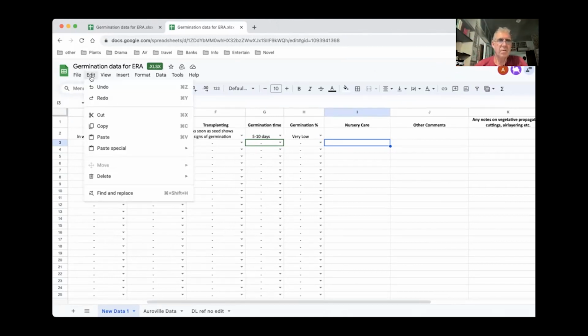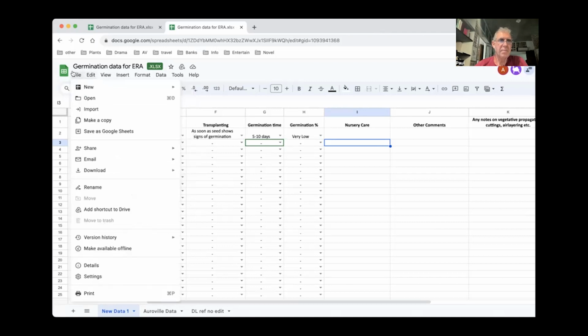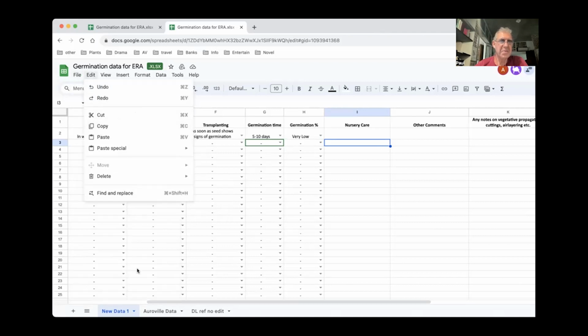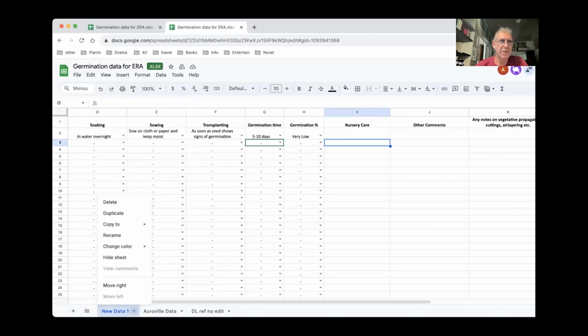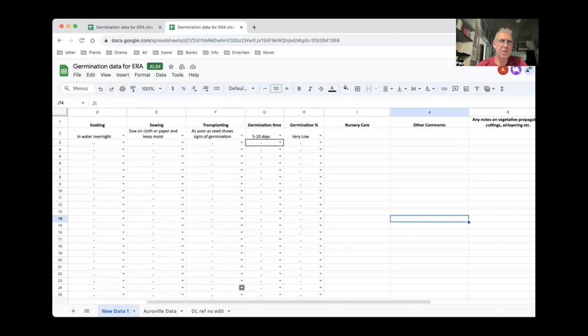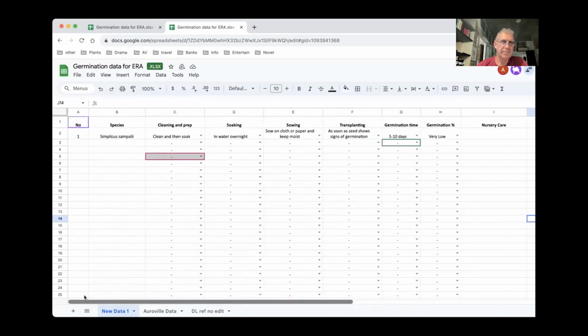I'm not brilliant at Google Sheets, but basically you would create a copy of the sheet, no? Copy. And make a new sheet and then put your name on the sheet so that we know it's you that's putting the information into that sheet. So it's simply create a new sheet, put your name on it, and then add your data to that.